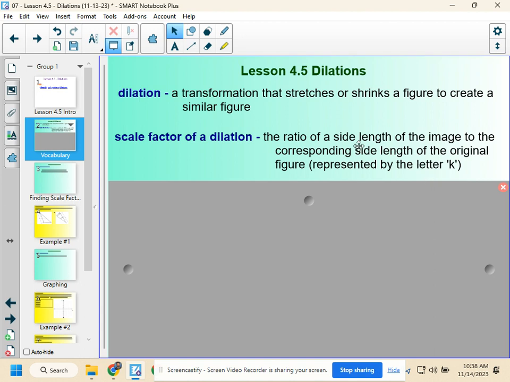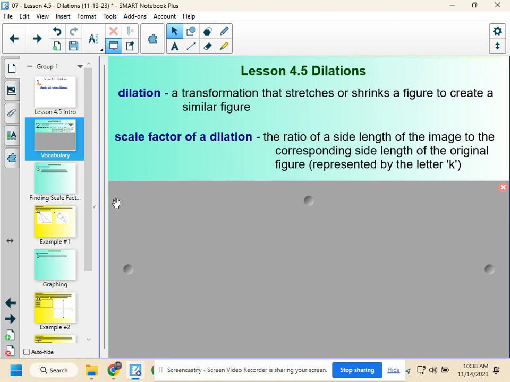And then we said it's the ratio by which the original figure is stretched or shrunk. So we cleaned it up a little bit. What is a scale factor? It's the ratio by which the side lengths of the original figure are stretched or shrunk.